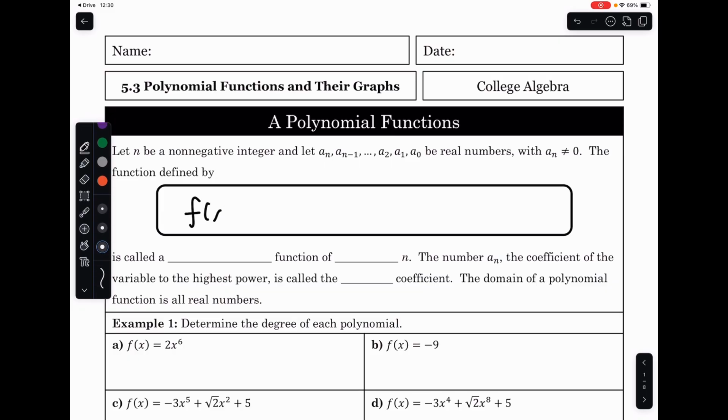F of x equals a sub n times x to the power of n plus a sub n minus 1 times x to the power of n minus 1.